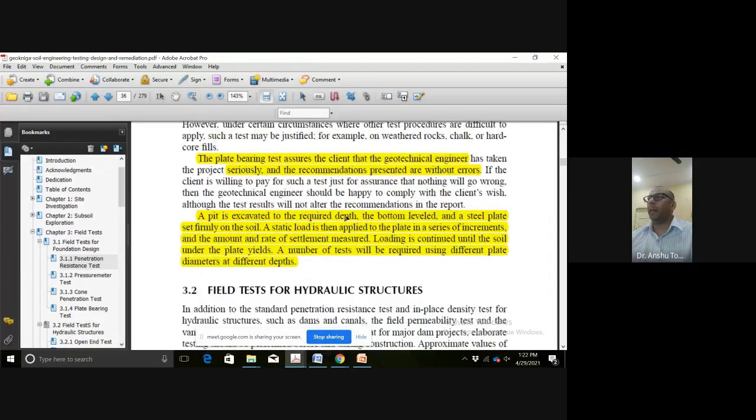A pit is excavated to the required depth. A steel plate is set firmly on the soil. Static load is then applied to the plate in a series of increments, and the amount and rate of settlement is measured. Loading is continued until the soil under the plate yields. That means the soil is not resisting the load.